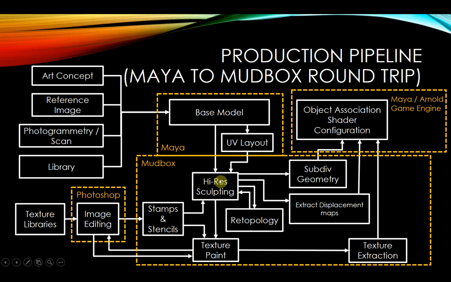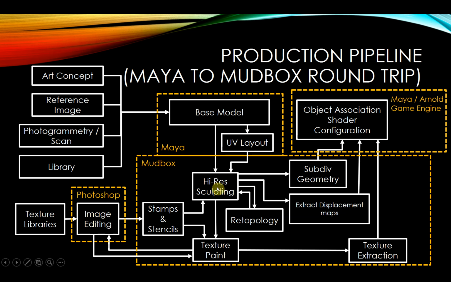Once we've done our high-level sculpt, what you'll have is a really detailed sculpt on a subdivided model consisting of millions of polygons. What you don't want to do is bring that detailed sculpt straight into whatever package you're using. Even if you bring it into Maya, you don't want to do that.